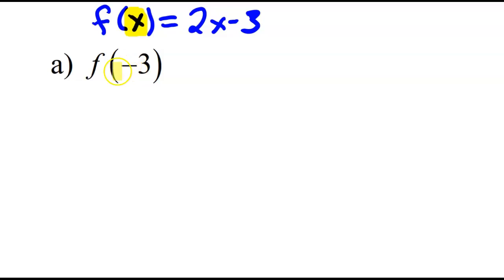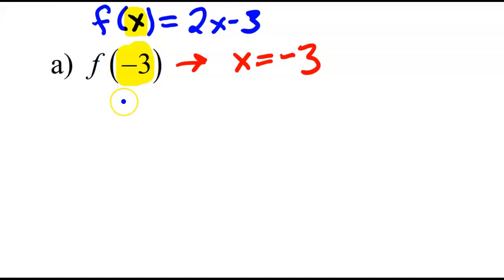If I look at this problem, basically instead of x, I see a negative 3. What that means is I want to change my actual variable value into negative 3. So x disappears and becomes negative 3. So how do I finish out this problem?